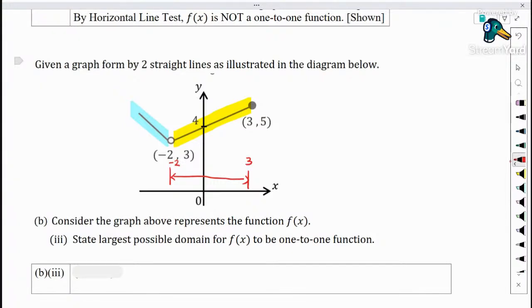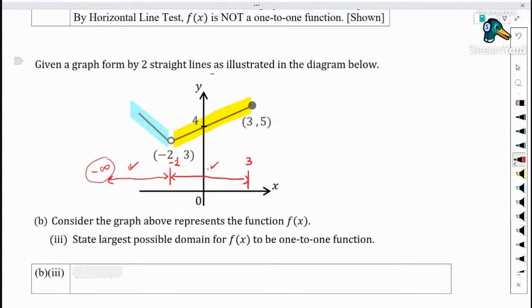Whereas for the blue, although the line here is short, it actually starts from -2 all the way to -infinity. And obviously, if you're able to reach infinity, this region is much larger than the other one, although in the diagram here it looks short.